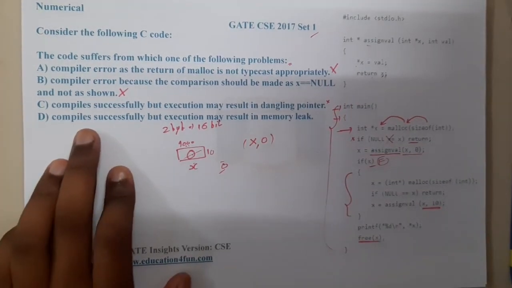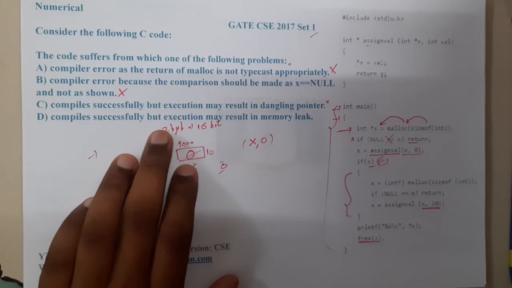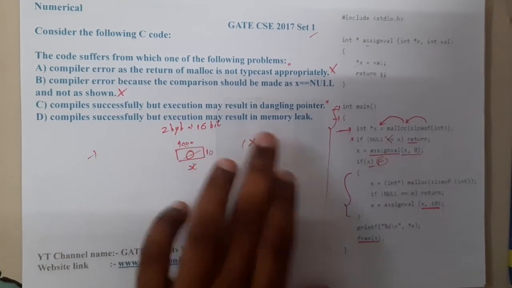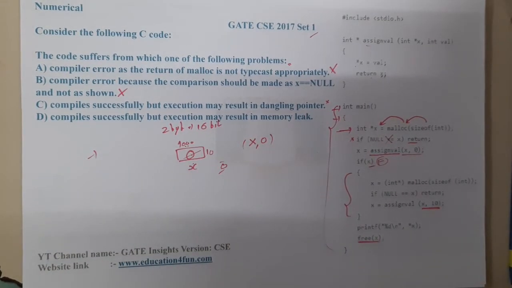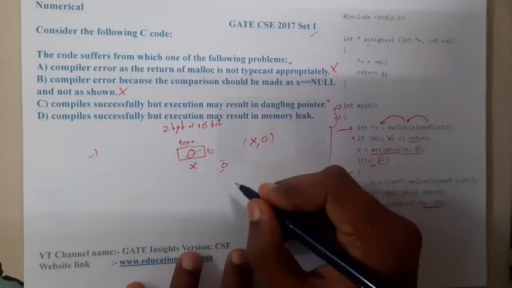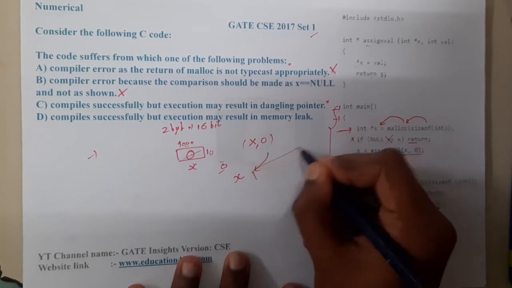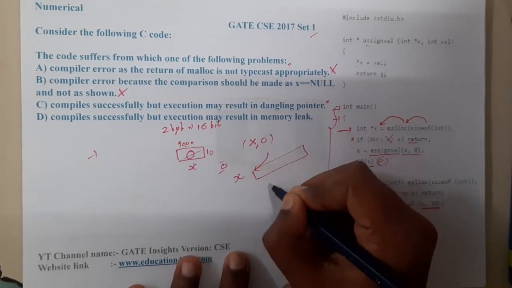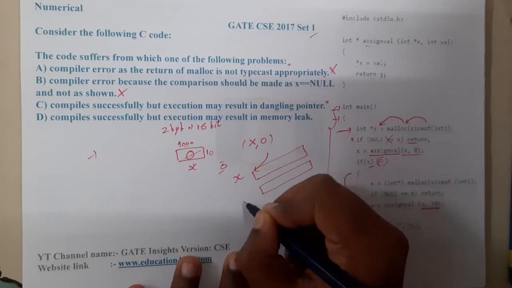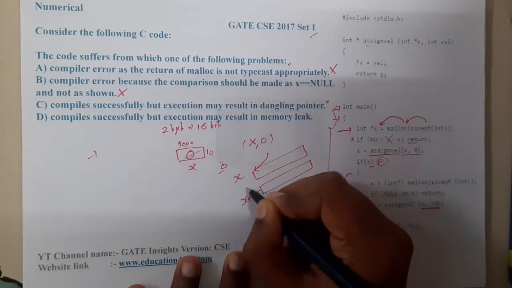Moving on to the last option: the code compiles successfully, but execution may result in a memory leak. When does a memory leak occur? Assume that you assigned x and stored some value, then again you created some value and are storing it in that location without freeing it.